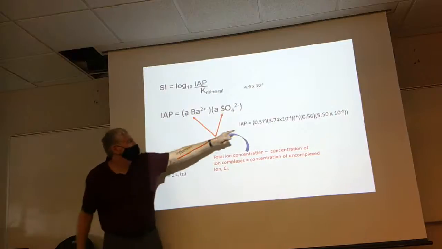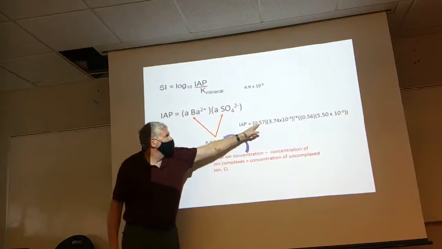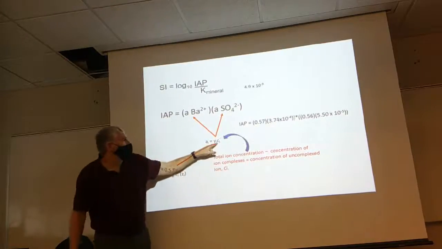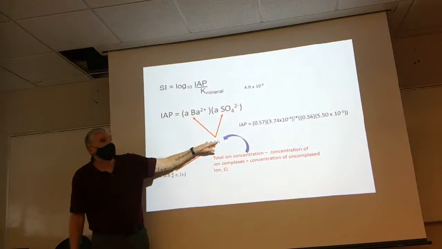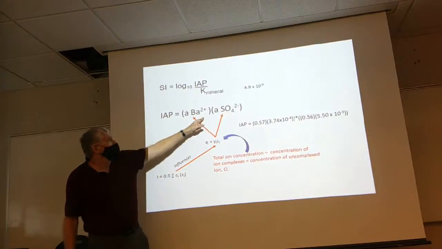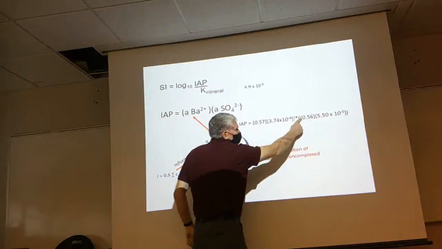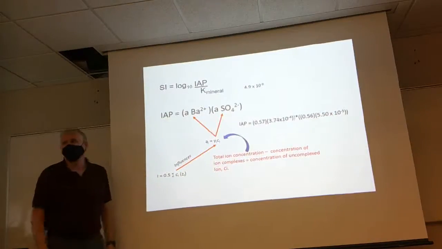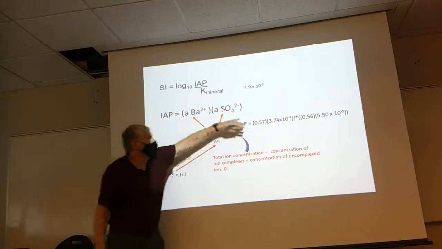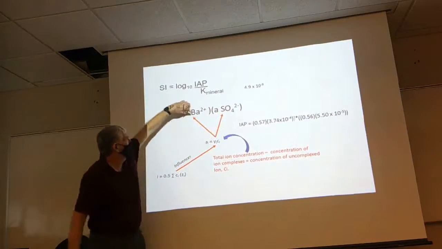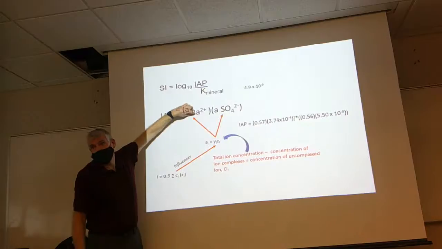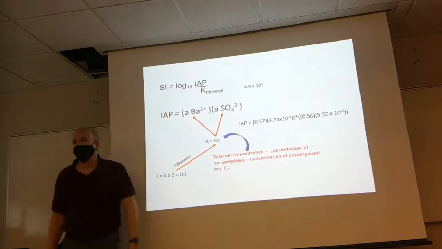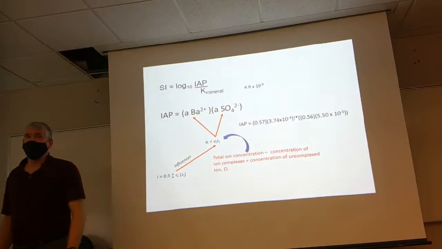This was your activity coefficient for barium. This was the concentration of the uncomplexed form, so that goes in here. Then we multiply that times the activity coefficient for sulfate versus that. We're just taking this stuff, the activity of barite or barium, and moving it up into these two places, and we can get our IAP.